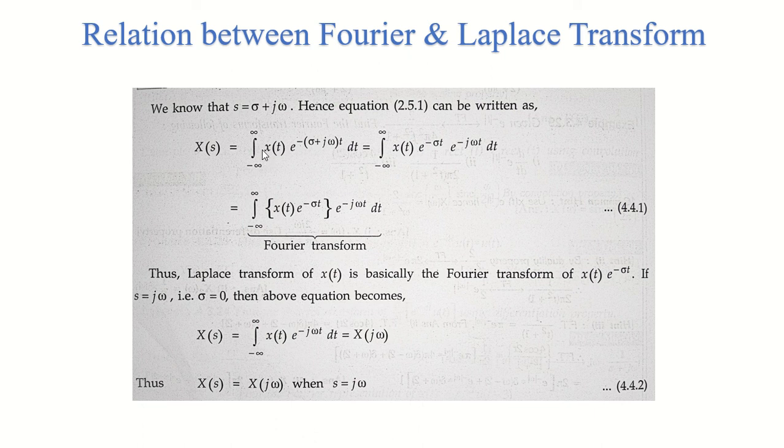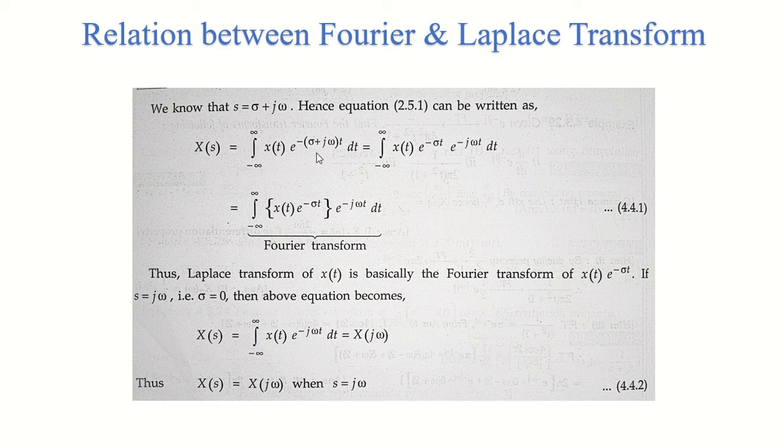So we will get integration from minus infinity to infinity of x of t e raised to minus (sigma plus j omega) t into dt, right? And why are we doing this? So that we can find the relation between Laplace and Fourier. So we will separate this bracket out, and we will get separate values of e raised to minus sigma t and e raised to minus j omega t.